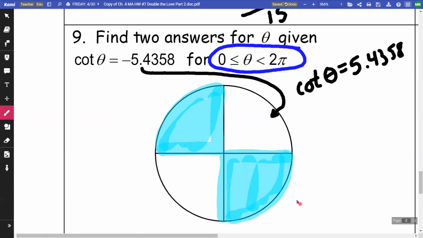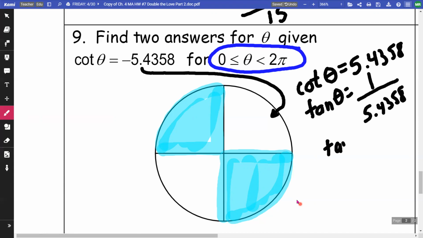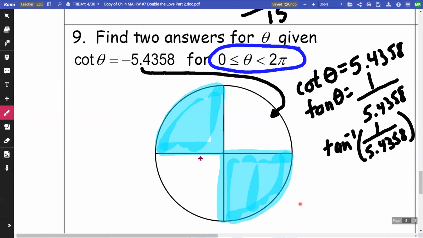Well, again, I can't put that on. So I'm going to be thinking about where the tangent is equal to 1 over 5.4358. So in my calculator, I'm going to do tan inverse of 1 over 5.4358, and it's going to give me my answer, but I want my answer in radians. Okay, they want it in radians.